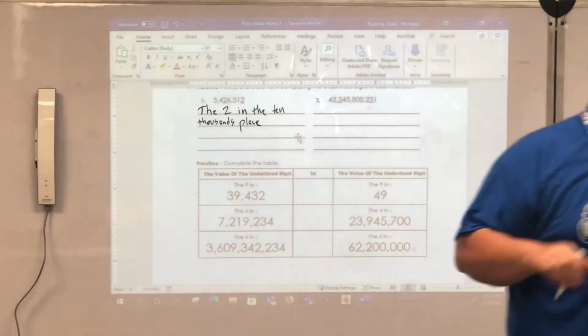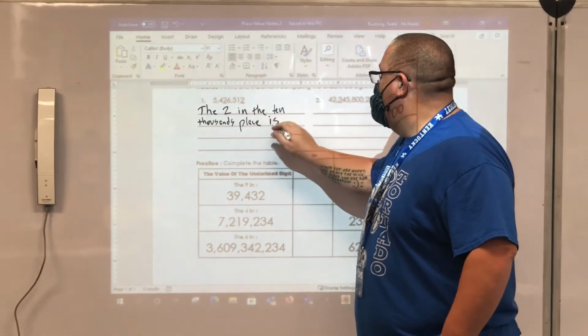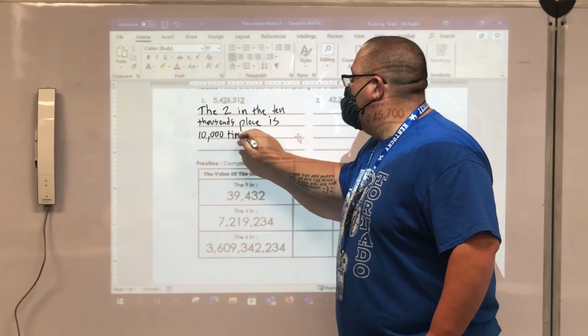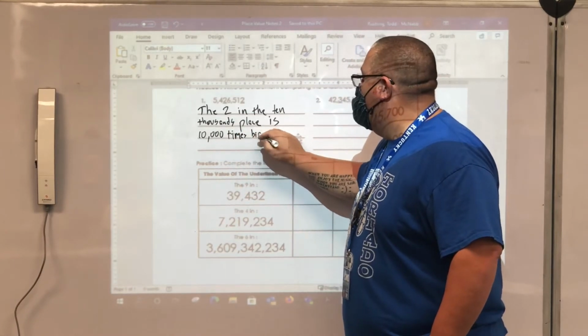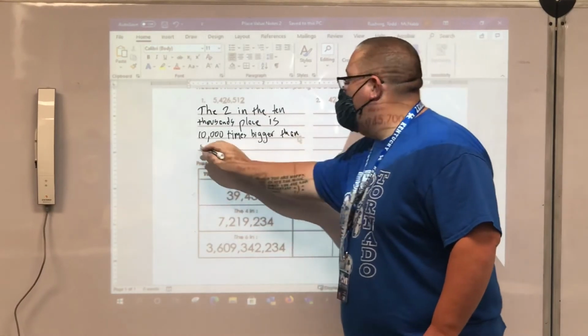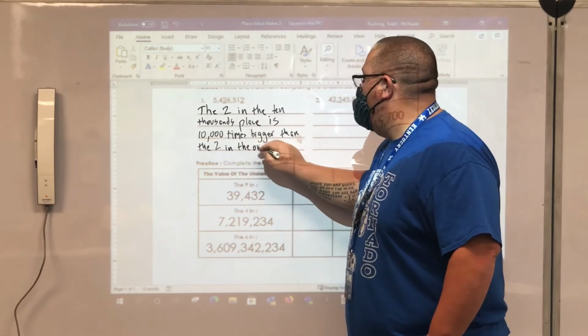The 2 in the 10,000s place is 10,000 times bigger than the 2 in the ones place.